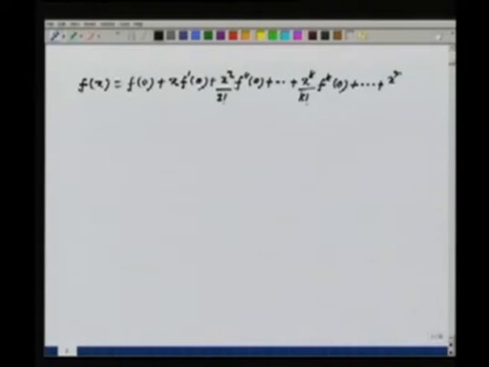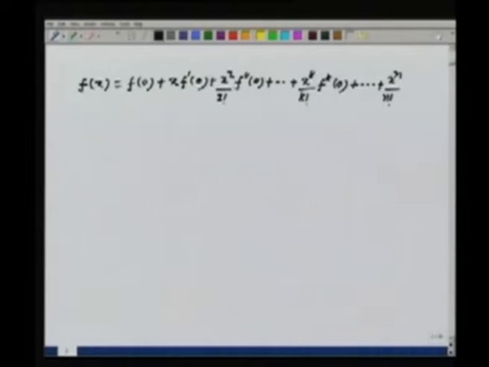Since it's a degree n polynomial, I have to stop after the nth derivative, because after that all the derivatives are 0. I get x to the power n by factorial n times f^(n)(0).